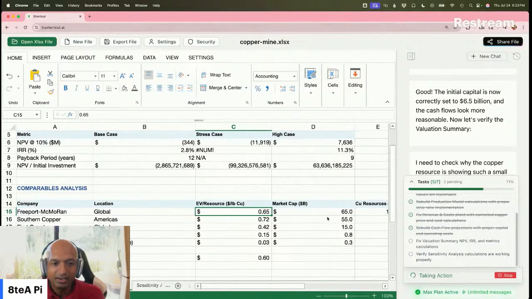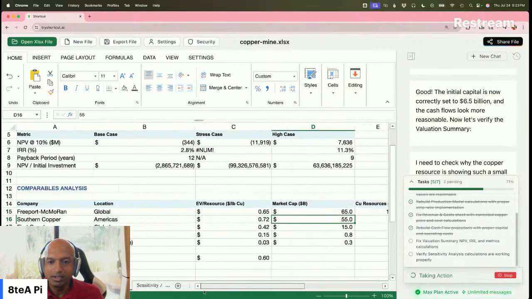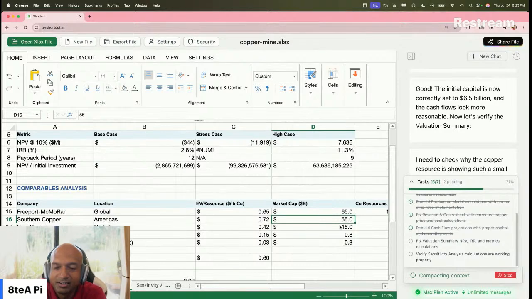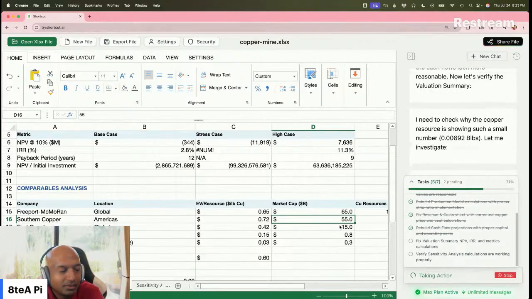I do not like the fact that it didn't include, Claude did it properly. So I want lots of things right now. I want the comparables analysis on a separate page, and I want the market cap, debt numbers, and the cash numbers summing up to the enterprise value.